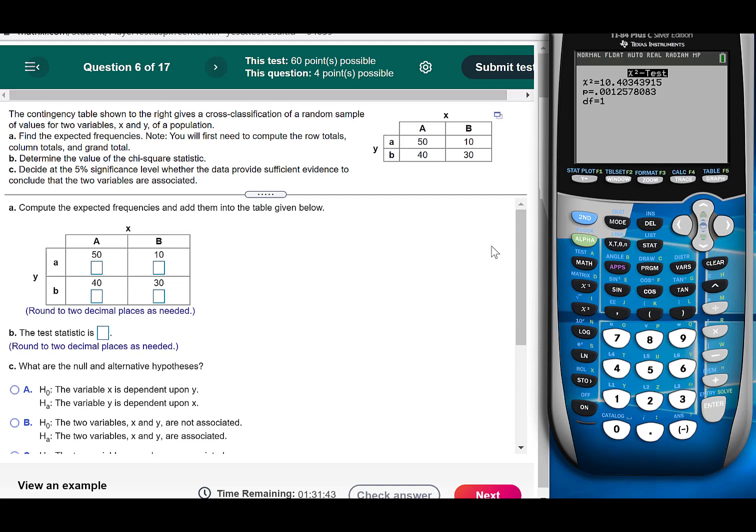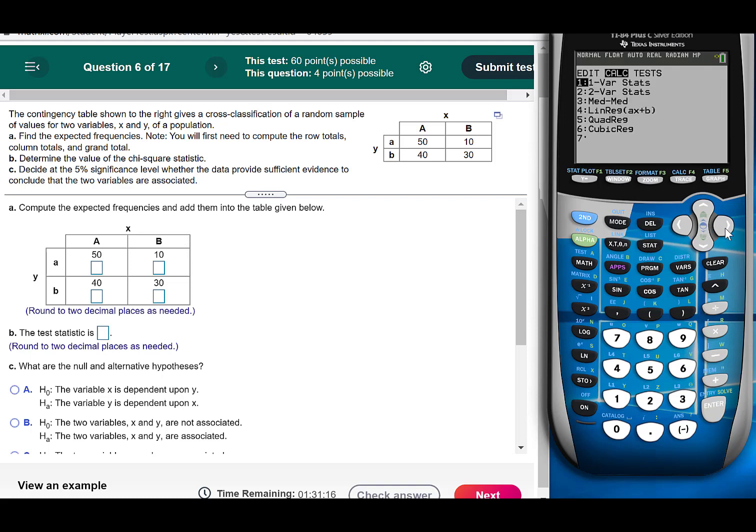But let me show you the matrix now, B, because you need to input those values in here. You click on second, matrix, go to B. You see B is 2 by 2 now. Press enter twice. And are the values. So he says 2 decimal places, so it will be 41.54, 18.46, 48.46, and 21.53.